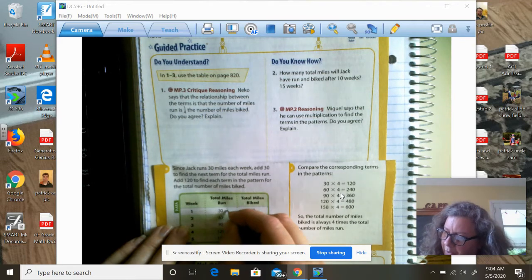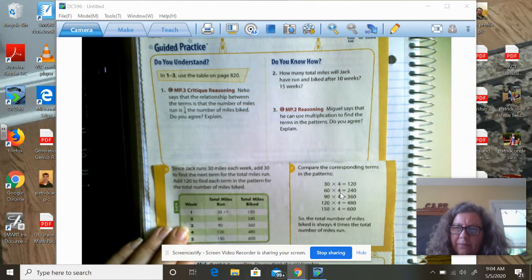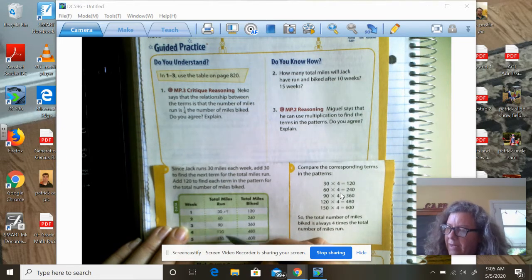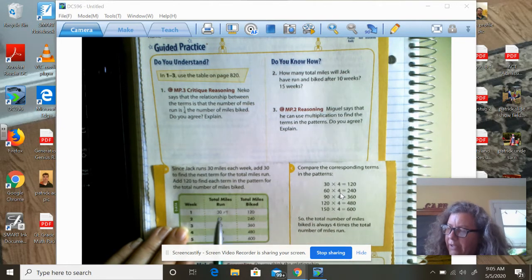So if I multiplied 30 times 4, would I get 120? And I would. So that's true. And again, because we're increasing by the same amount every time, the relationship of these two numbers would be the same as these two numbers and their relationship. Okay?